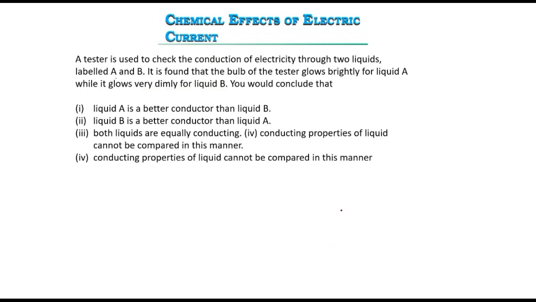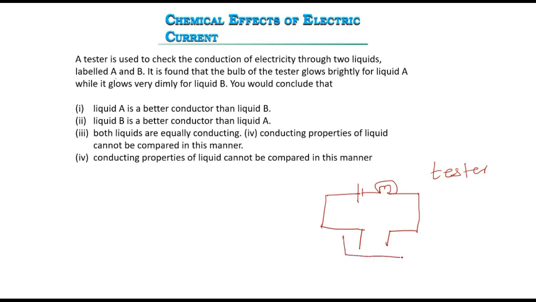We have a tester here. And what's a tester? Let's make one tester here. This is a battery and there is an LED, or let me show you a bulb, and then the ends are here. This is a tester, and what does it test? It tests the conductivity of a liquid.